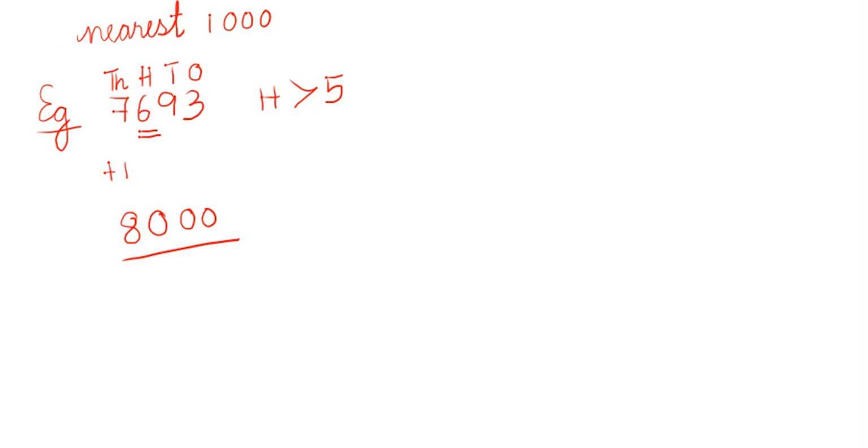Now we'll see another example. The second number would be 5316. Again, this number we are going to round off to the nearest thousand. So we will look at the hundreds place.